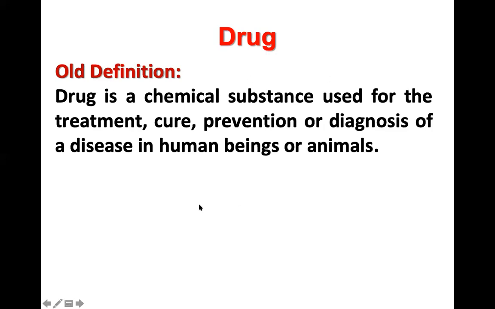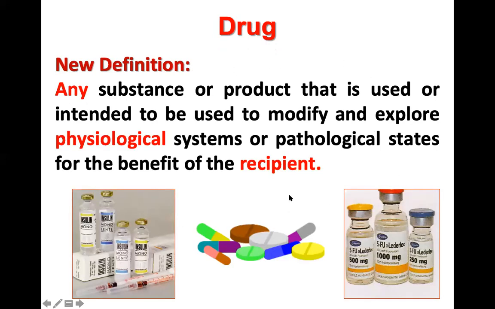So there was a modification in this older definition of drug, and WHO came up with a new definition: any substance or product that is used or intended to be used to modify or explore physiological systems.